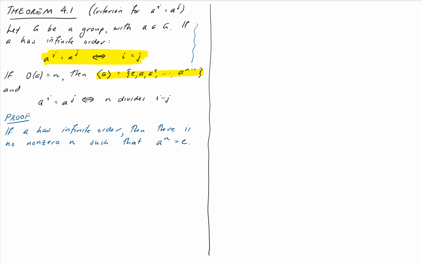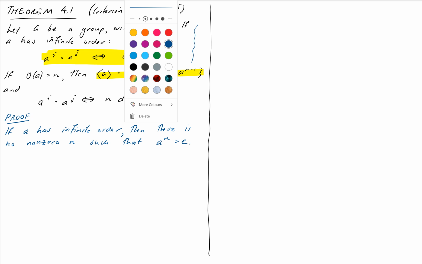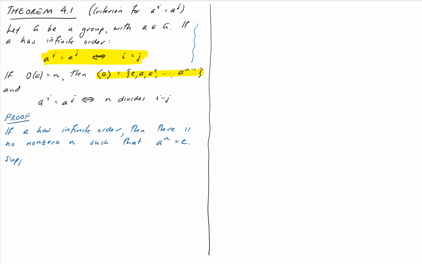So now we need to establish that a to the i equals a to the j if and only if i equals j. And all we need to break this is some kind of counterexample. So we will suppose that a to the i equals a to the j.